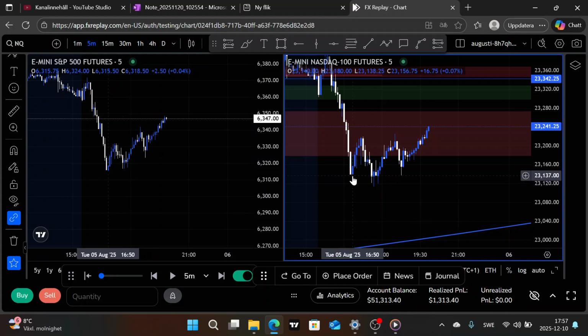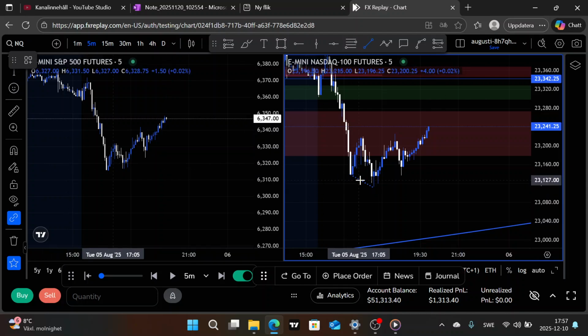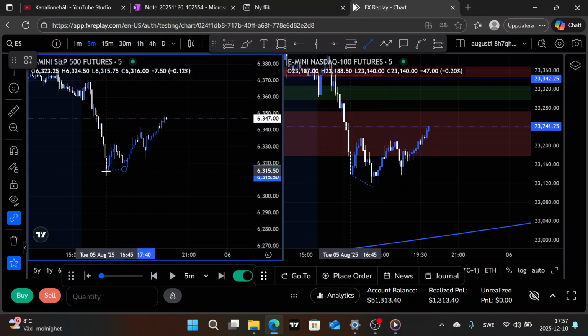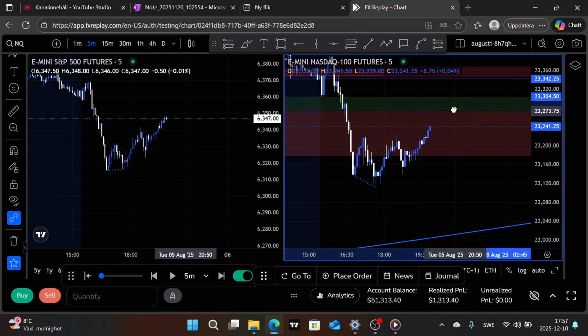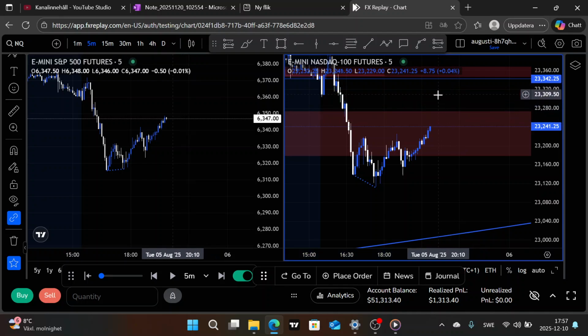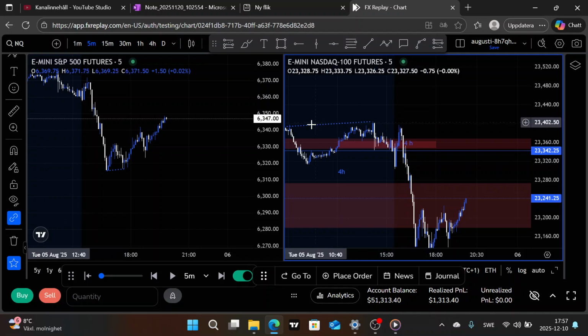This is, yes, this is an SMT. We sweep this low here, and we do not sweep this low here. So what is that supposed to mean? We go higher and take all these created buy side.